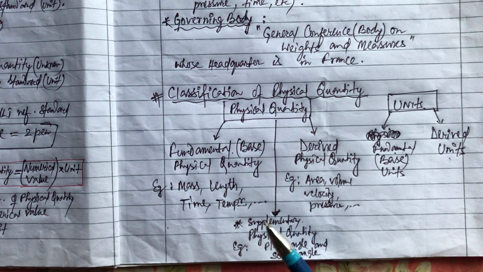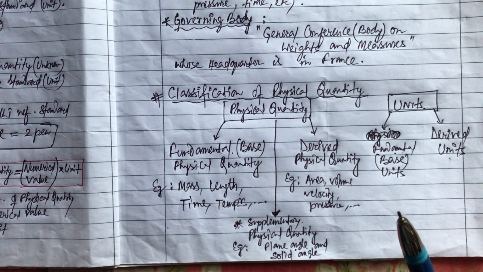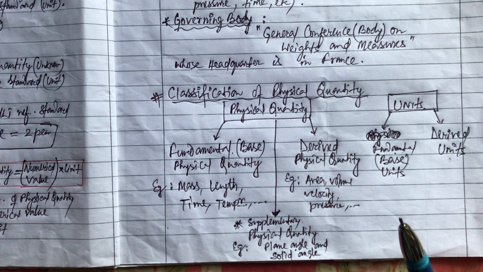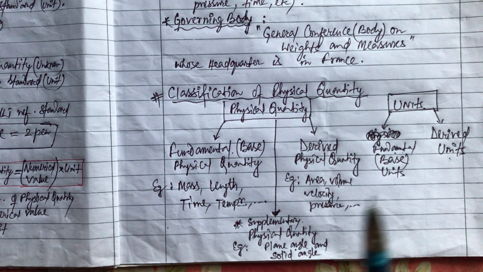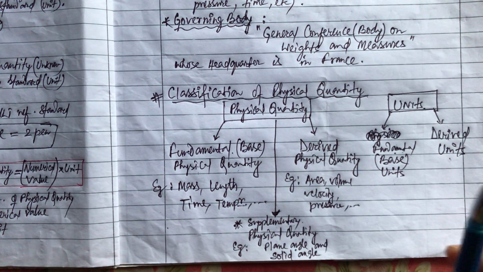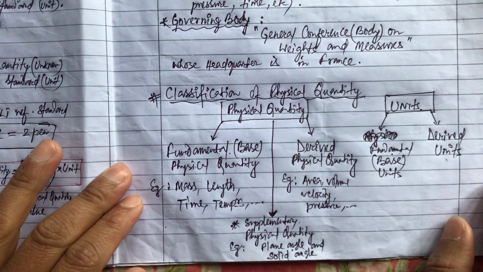Okay, so what we learned today: we tried to learn the basic terms used in this chapter, the qualification of a standard unit, the governing body, and the classification of physical quantity. Okay. Now after this, we shall go to system of measurement, which we will discuss in our next class.